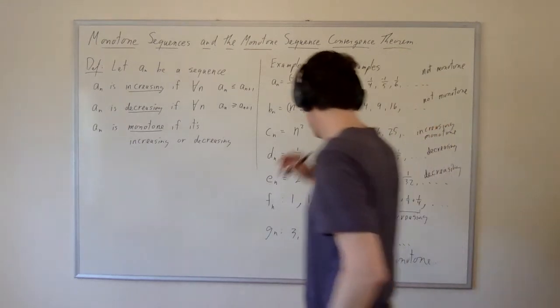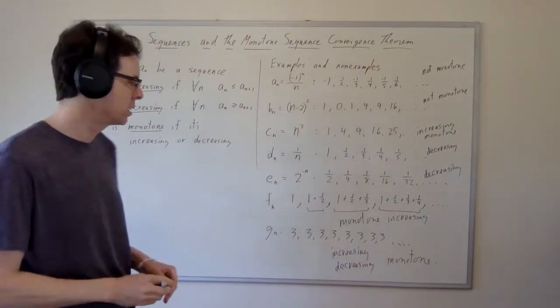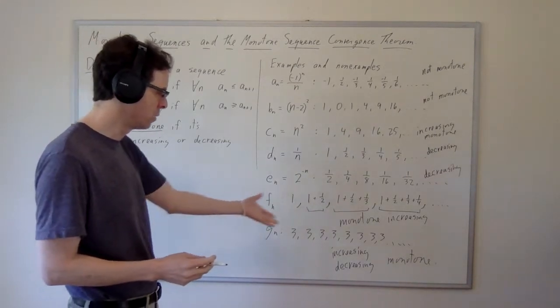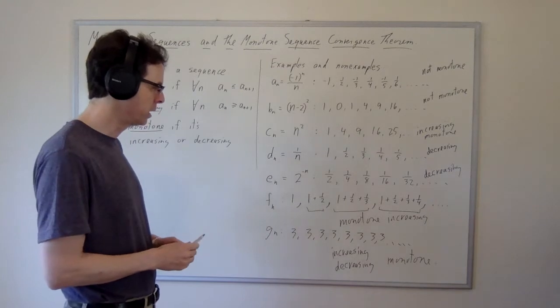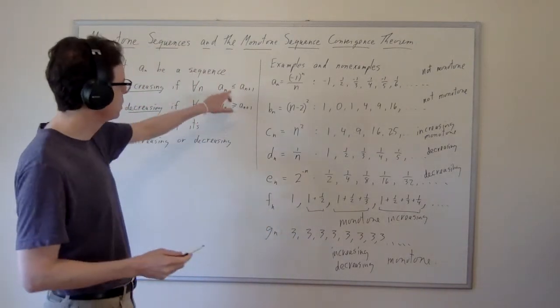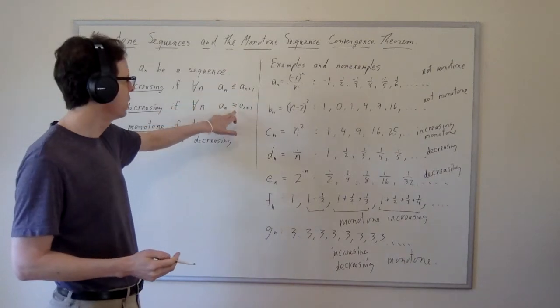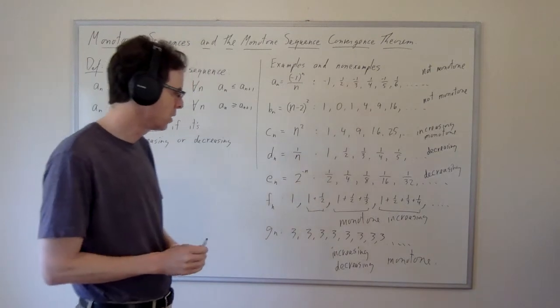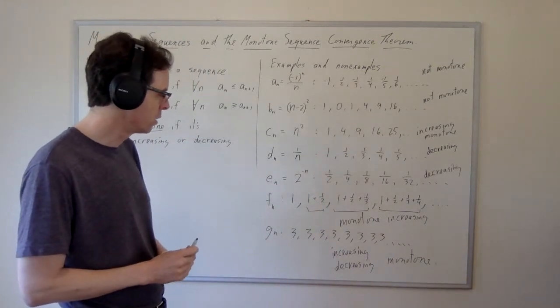So this is a monotone increasing sequence. It's also a monotone decreasing sequence. That's strange to say. This is the only kind of sequence that could possibly be both increasing and decreasing. So that's a bit of a technicality here, but it's important to notice that that is a less than or equal to there, and that is a greater than or equal to, and that is significant because it makes the constant sequences both monotone increasing and monotone decreasing.